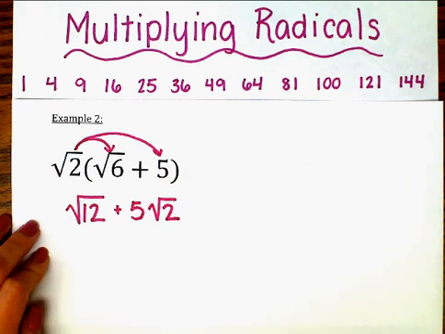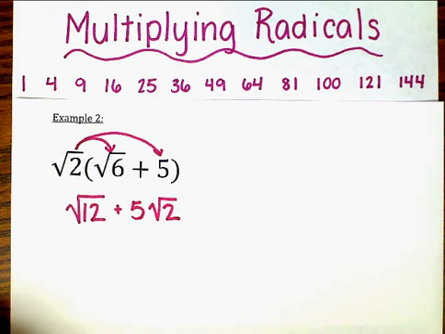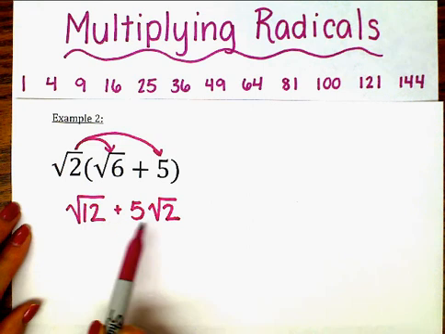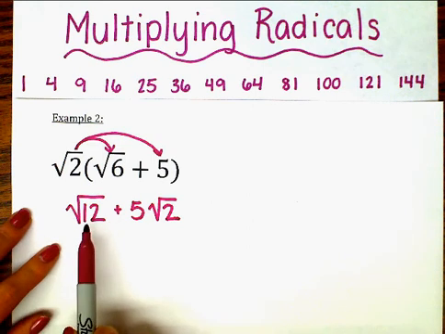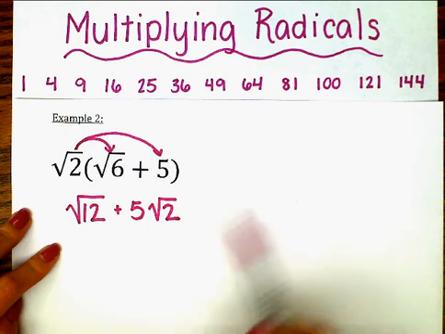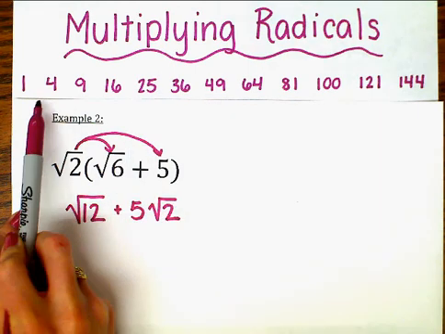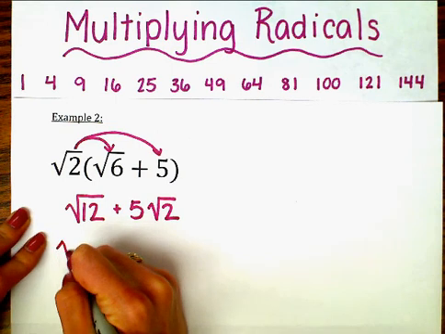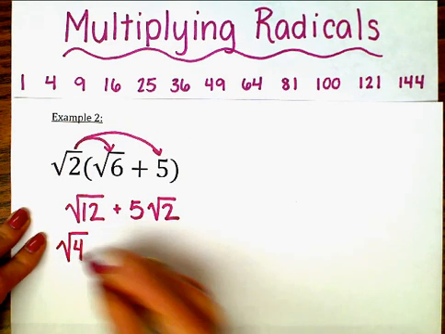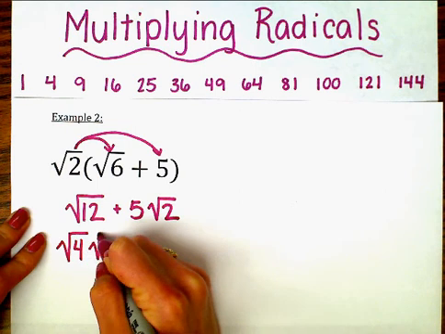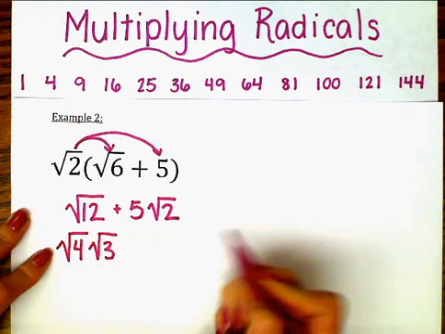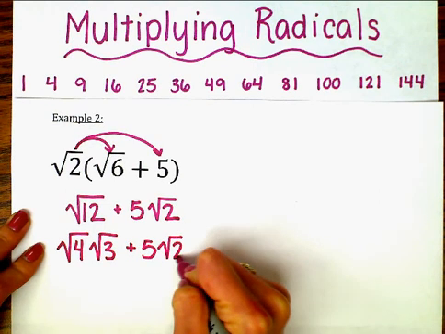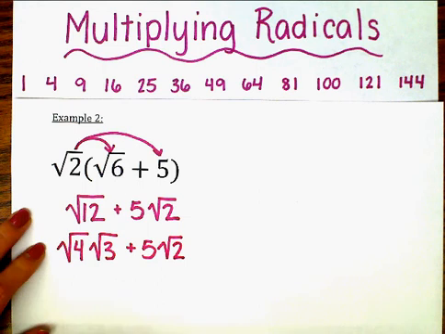What's the most important question you have to ask? Can it be simplified? Now I look at these two radicals, and I think the 12 can be simplified. So what is the biggest perfect square that goes into radical 12? It's 4. So we're going to rewrite that as radical 4 times radical 3. And then just finish writing the problem. Okay?